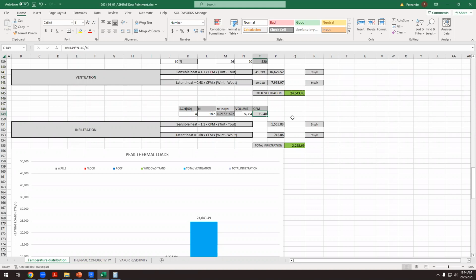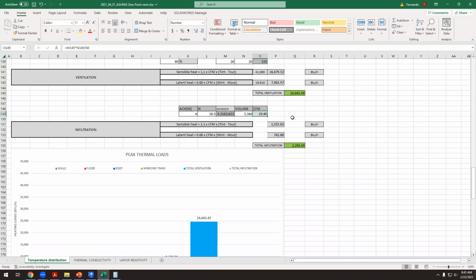This is the infiltration, so this is the air that enters the building in 1 hour. What is the CFM? We have 5,384 cubic feet in 1 hour. Now I have to find out how many cubic feet per minute.